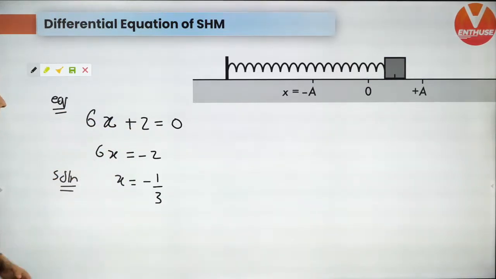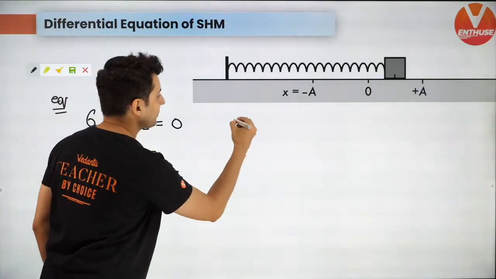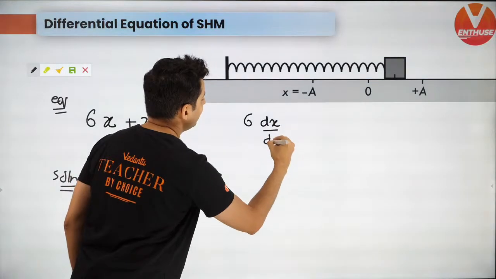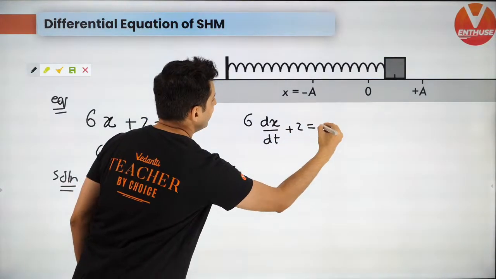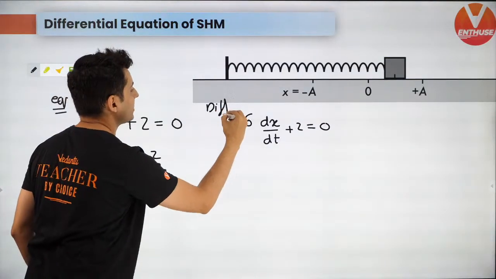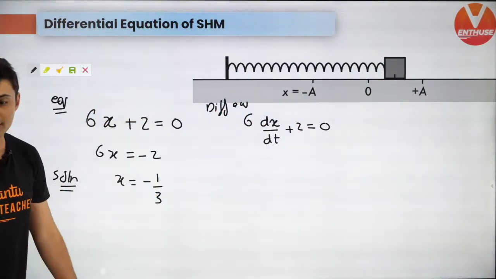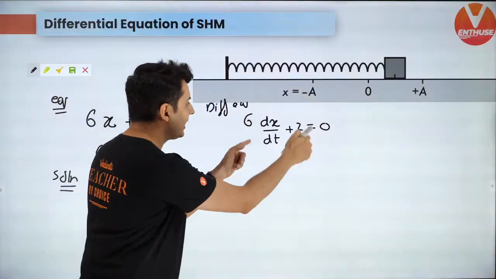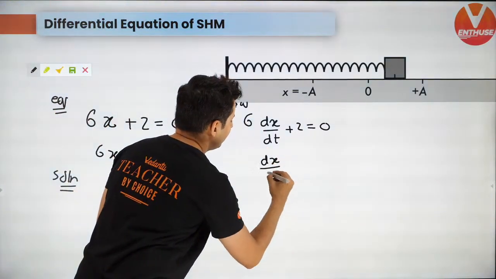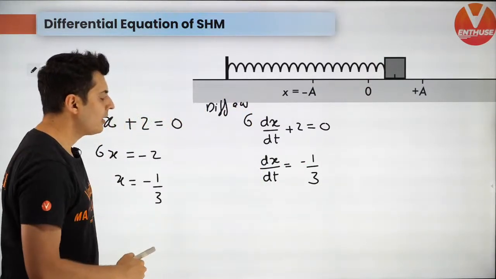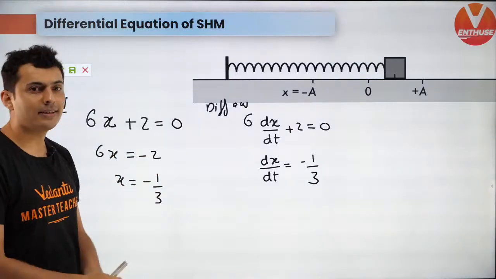Correct? Now just imagine, instead of 6x plus 2, we had 6 dx by dt plus 2 is equal to 0. Now this is called a differential equation. Understand, I can rearrange this. I will get dx by dt as minus 1 by 3. Now you'll ask, sir, what is the solution of this?